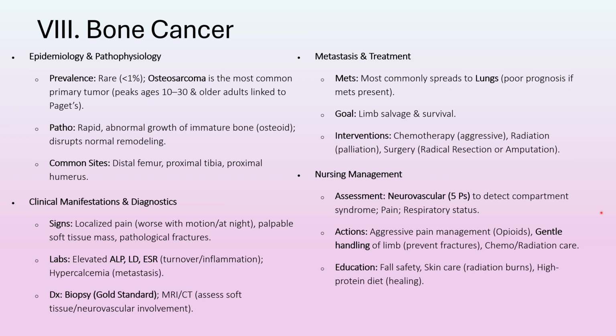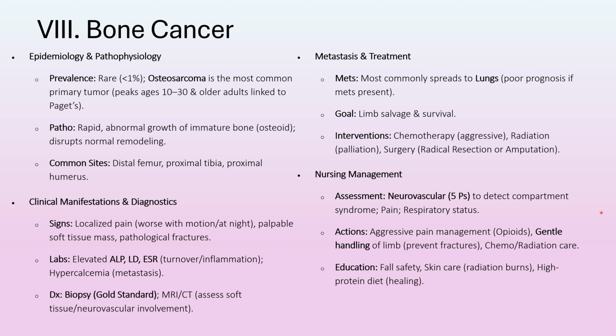We have the nursing management. For assessment, pain: assess frequently. Pain is often severe. Neurovascular: monitor for the 5 Ps: pulse, pallor, pain, paresthesia, paralysis, to detect compartment syndrome or vascular compromise.